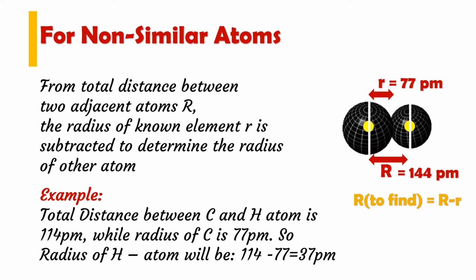For example, when there is a bond between carbon and hydrogen atom, the total distance between carbon and hydrogen atom is measured as 114 picometer, while the radius of carbon, as we know, is 77 picometer. So the radius of hydrogen can be determined by subtracting this value from the total distance, and we get 37 picometer radius of hydrogen atom.